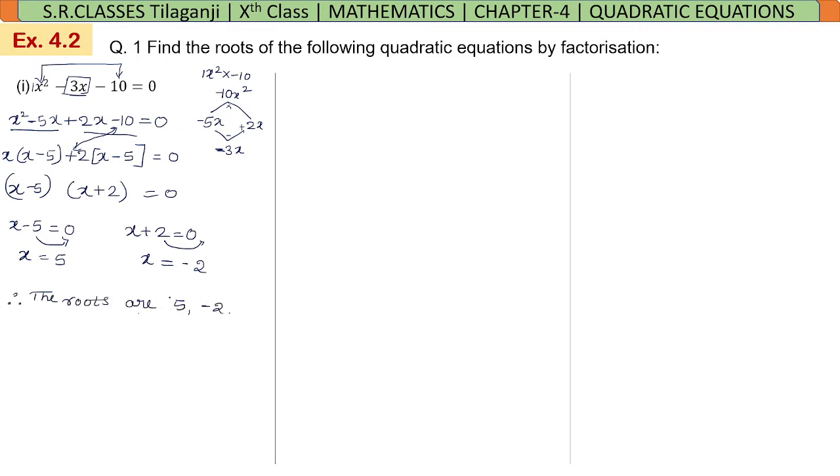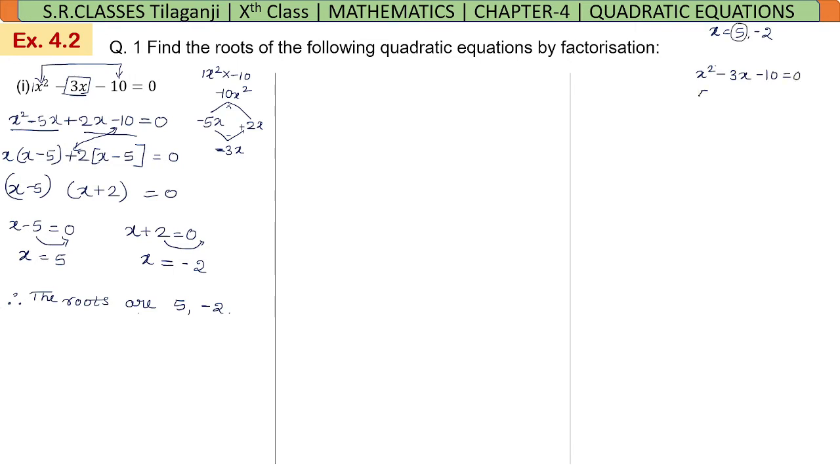Yes, now you can verify your answer by putting these values in the equation. For example, for the verification, we got the value x is equal to 5 or minus 2. Any one value you put in the equation, that is, this is x square minus 3x minus 10 is equal to 0. So I'll take x equal to 5.